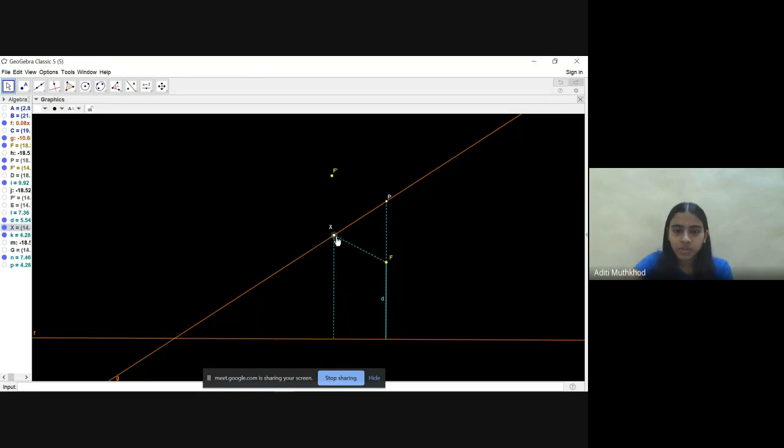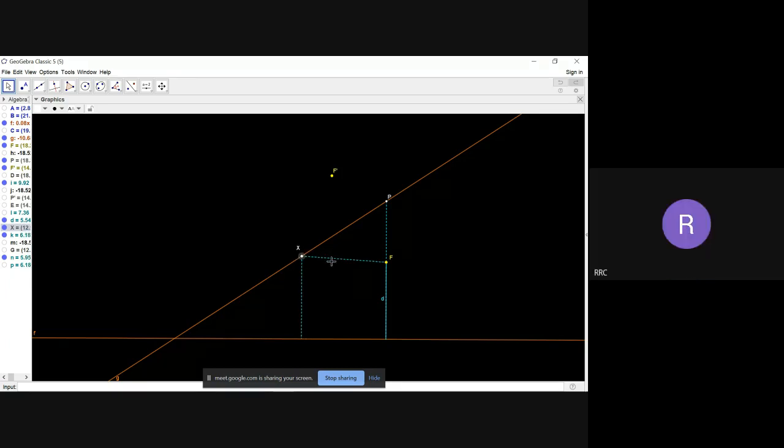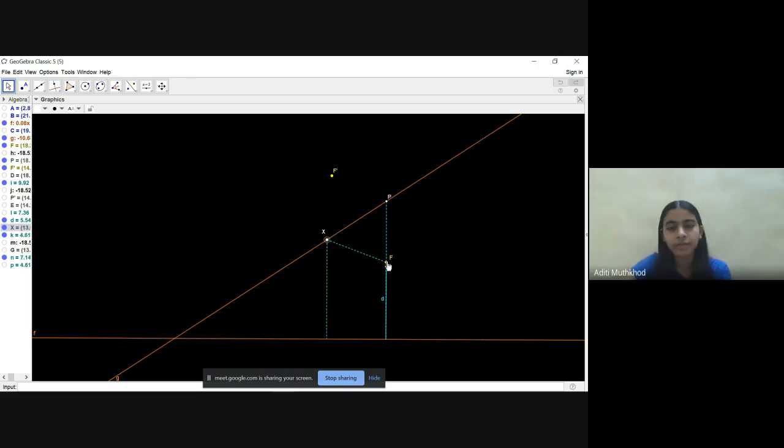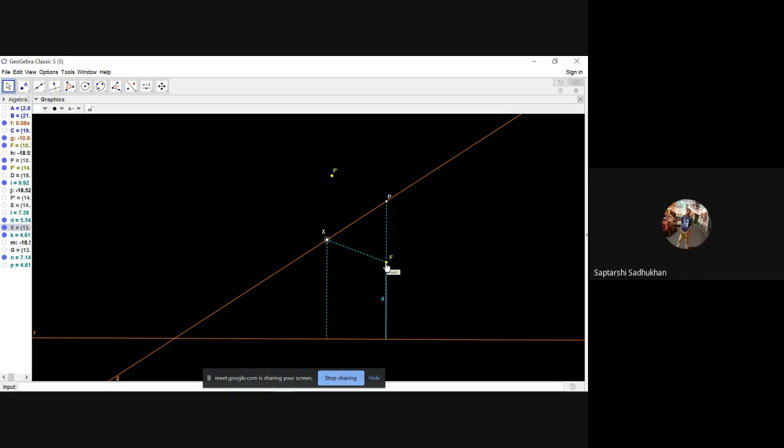Okay, so how I try to prove this is: XE is constant, right, and F is the fixed point, a focus.